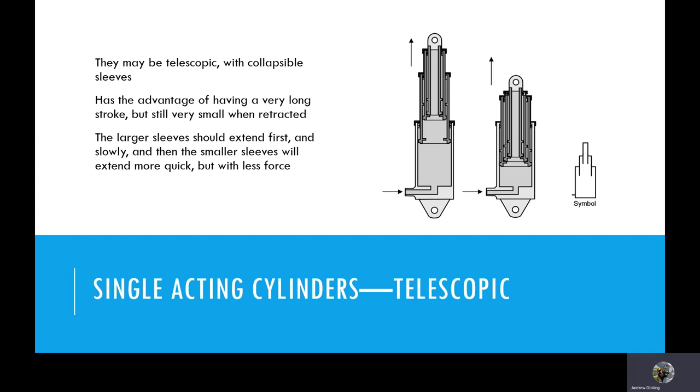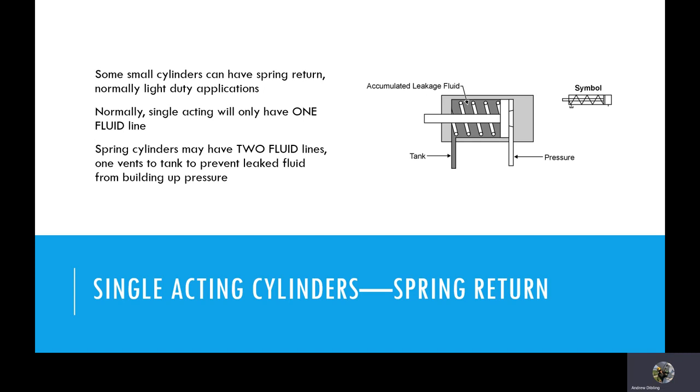The longer sleeves should extend first and slowly, and then the smaller sleeves will extend more quickly, but with less force. That has to do, of course, with the area. The area of the cylinder that's being acted upon by the fluid will ultimately give you your force, regardless of the pressure.